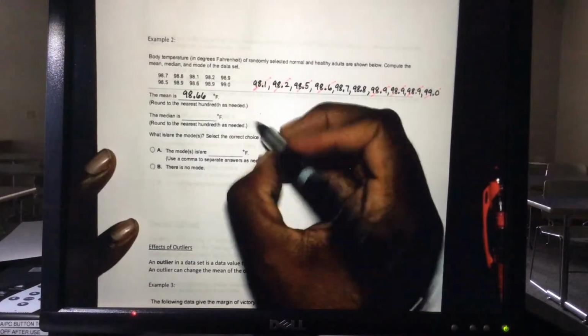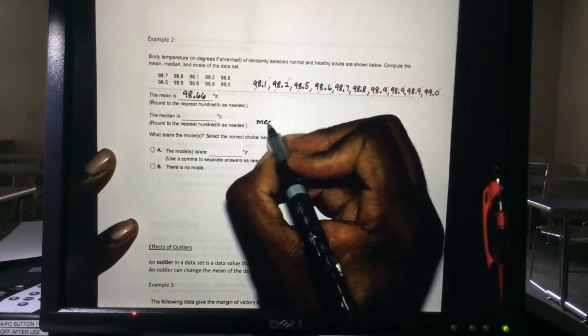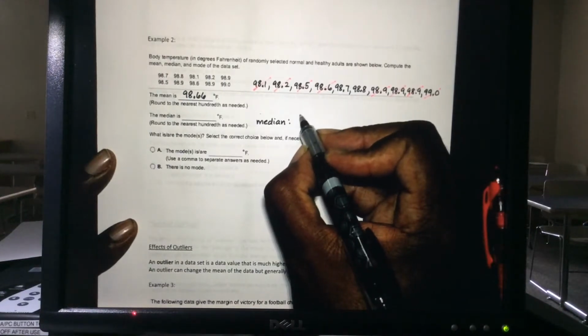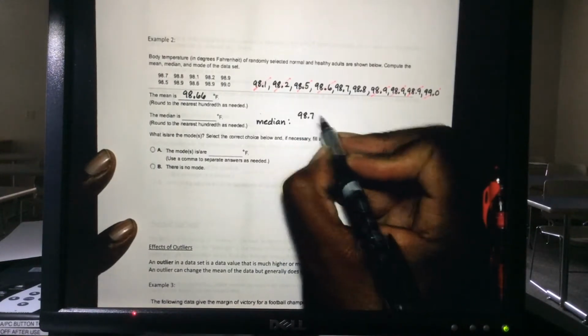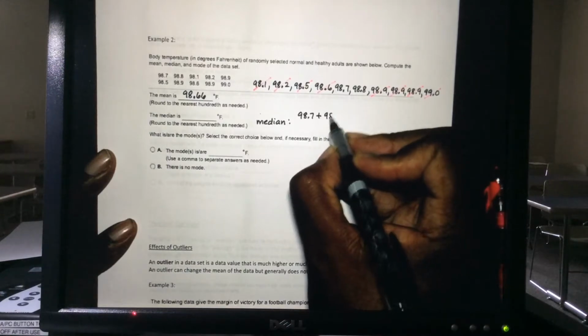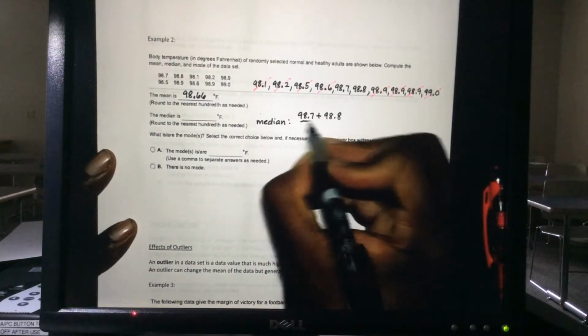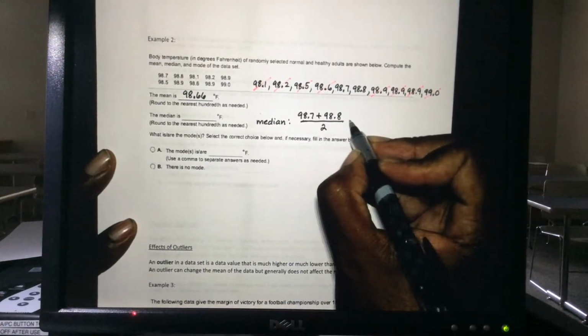In this case, now we got two middle numbers, 98.7 and 98.8. So to find the median, we take the 98.7, add that to the 98.8, divide by 2.